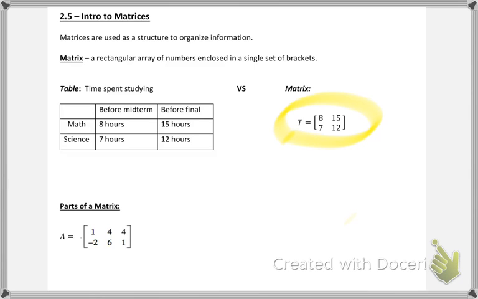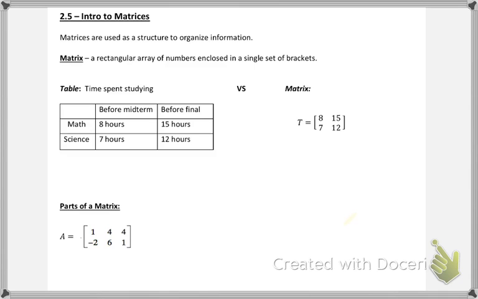So if we look at the information on the left, if we want to organize the amount of time that we spent studying for math and science class before midterm and before final, let's assume that we say we're going to study 8 hours before our math midterm and 7 hours before our science midterm, and then 15 hours before the final for math and 12 hours before the final for science. All of this information can be organized neatly in a table.